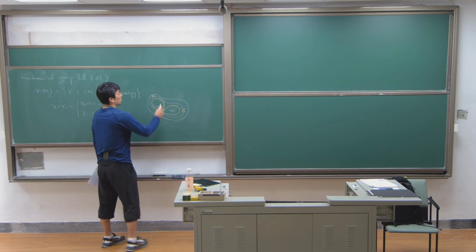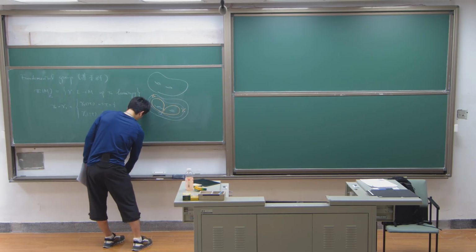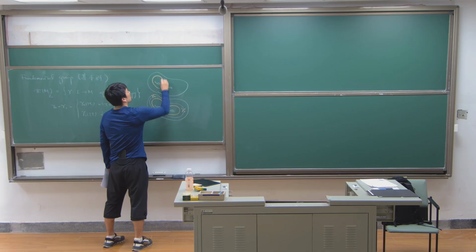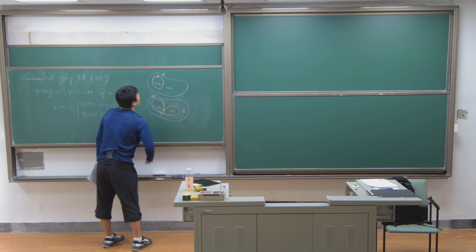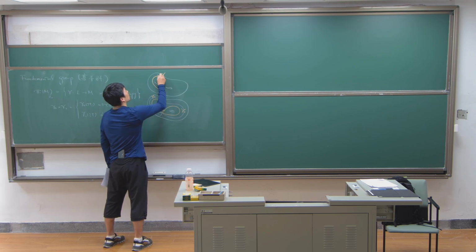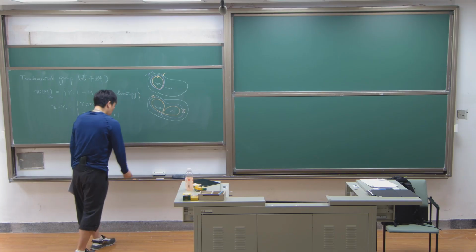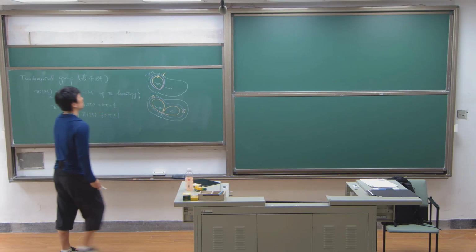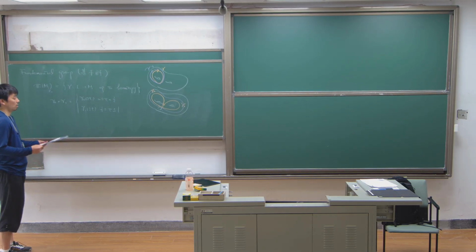For instance, this is γ. Here is γ. γ inverse is something like this one. Okay, that's the case.